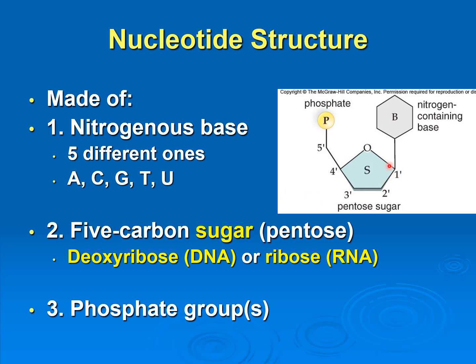Then we've got a 5-carbon sugar. In DNA, the sugar is deoxyribose, and in RNA, it's ribose. That's why there's a D in DNA and an R in RNA. And then we've also got some phosphate groups.